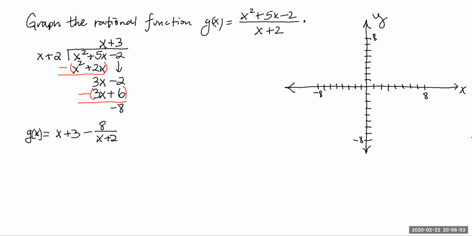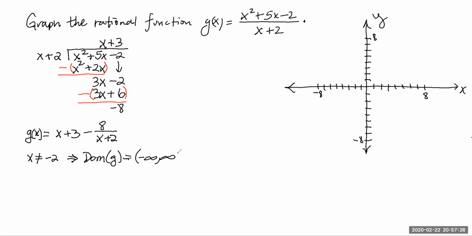This is a good time to find a domain. So notice x cannot be negative 2. That means the domain of g is equal to negative infinity up to infinity.